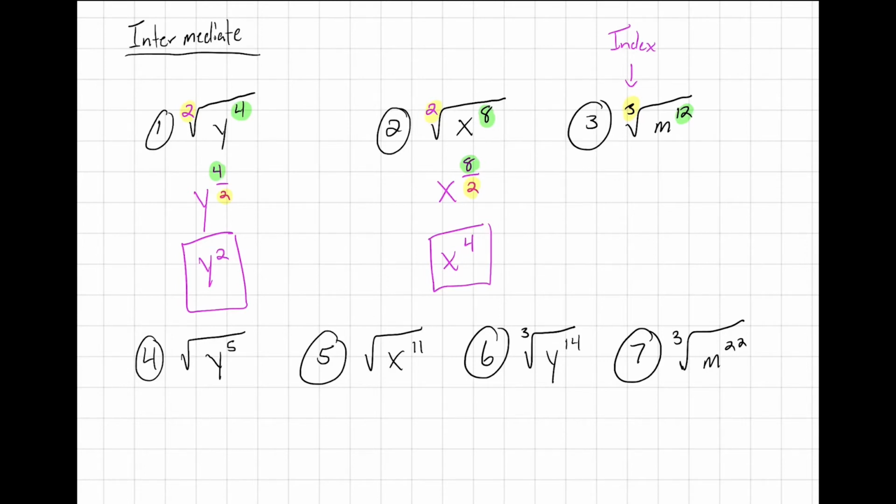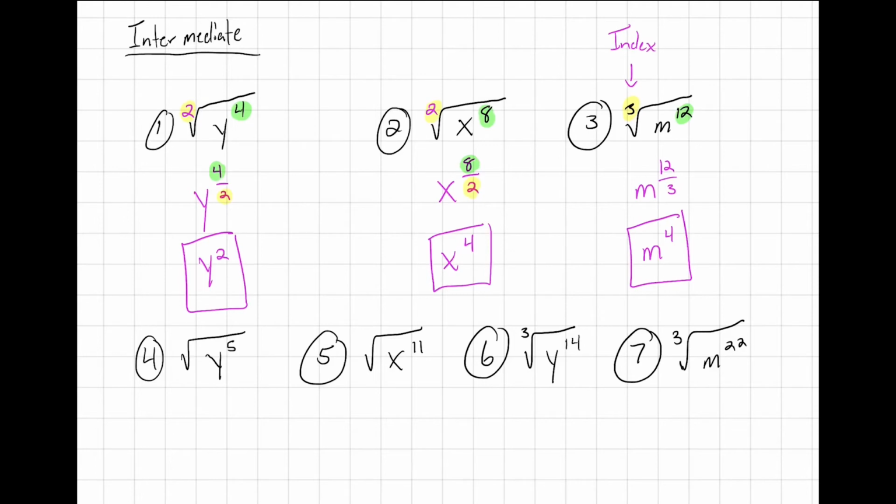There's no difference there. All you have to do is rewrite the problem as 12 over 3, and 12 over 3 is 4. So these are not as bad, and at first glance, you look at those and you're like, hey, those might be a little more straightforward than the ones we've just completed.